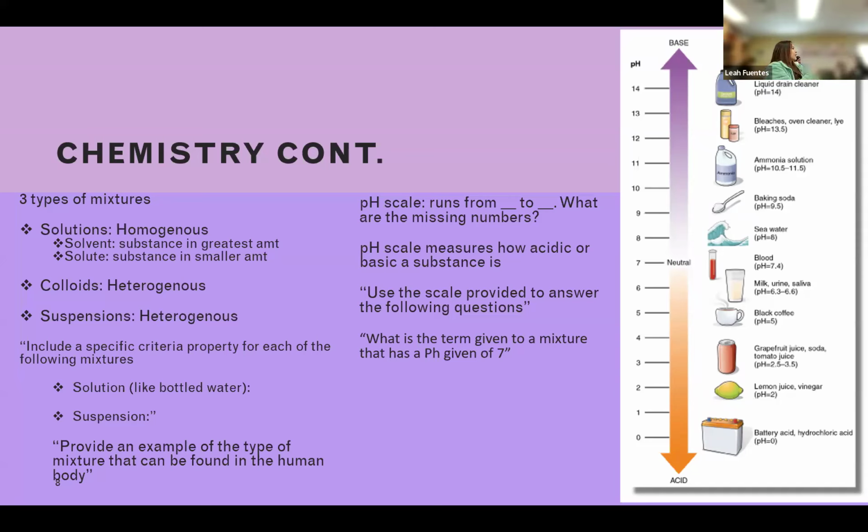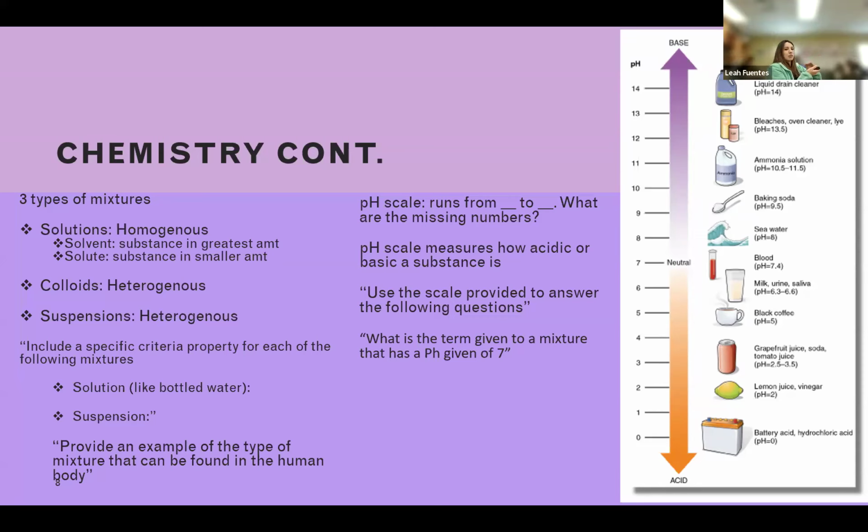And then another question that can come up on the exam: provide an example of the type of mixture that can be found in the human body. So like I said, with suspensions, if they ask you to identify a criteria for a suspension, and then afterwards, we'll say part B, provide an example of the type of mixture that can be found in the human body.